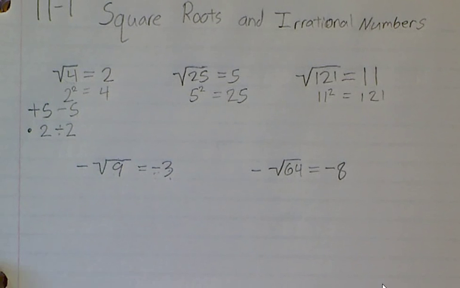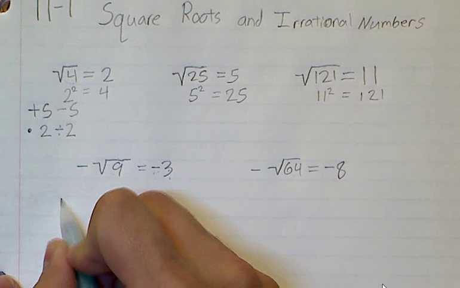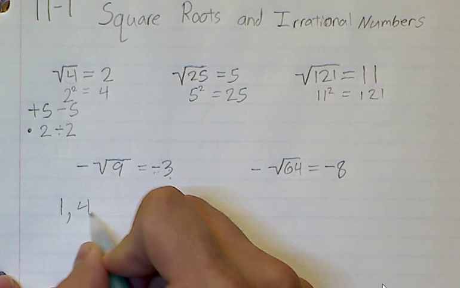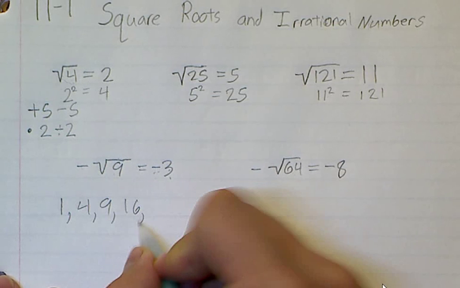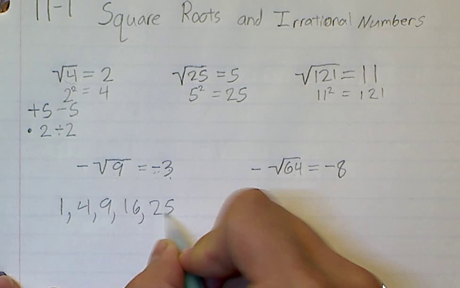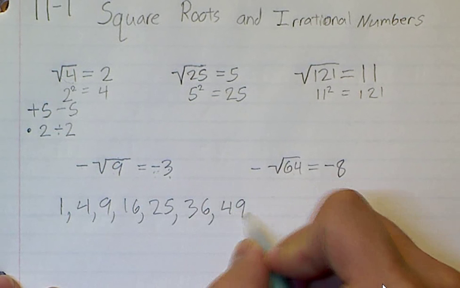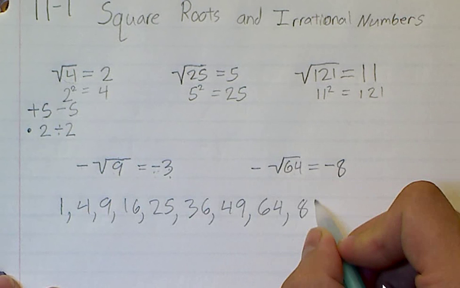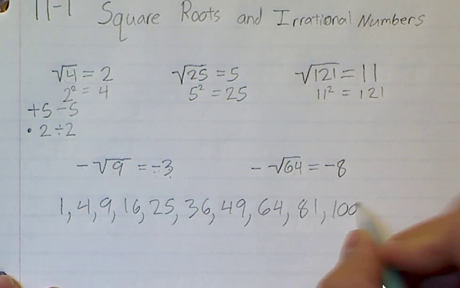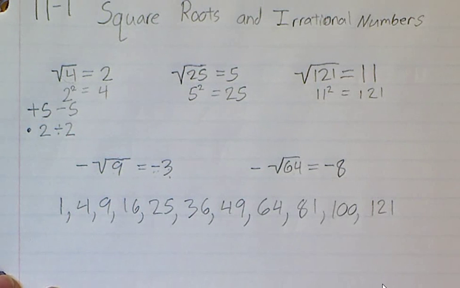Go as far up as you want. 1 squared is 1. 2 squared is 4. 3 squared is 9. 4 squared is 16. Then you would have 25, 36, 49, 64, 81, 100. How far are we going to go? We're just going to stop there.